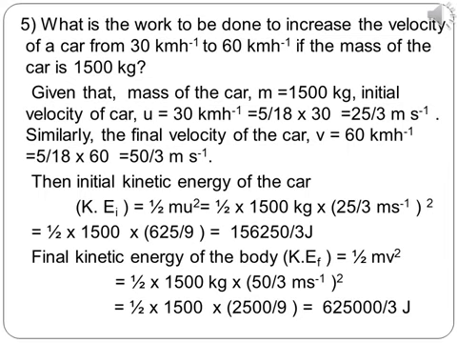The solution is, given that mass of the car m is equal to 1500 kg, its initial velocity u is equal to 30 km per hour is equal to 5 by 18 into 30 is equal to 25 by 3 meter per second. Similarly, the final velocity of the car v is equal to 60 km per hour is equal to 5 by 18 into 60 is equal to 50 by 3 meter per second.